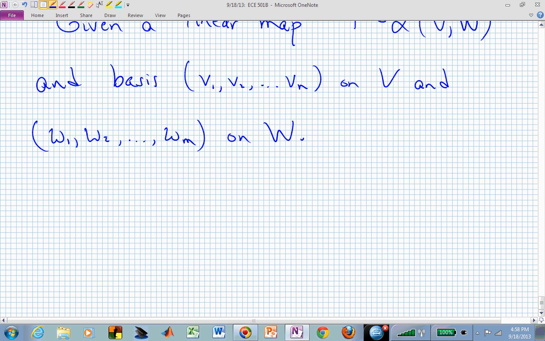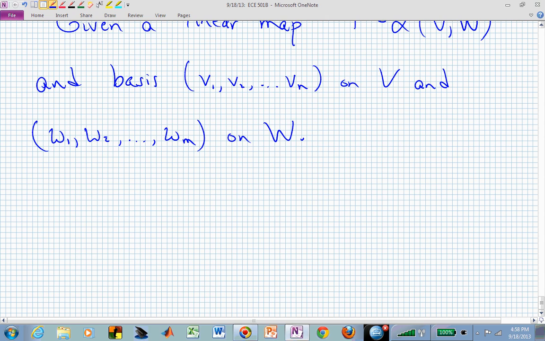V2 would be (0, 1, 0, 0), etc. You'd have four of those, wouldn't you? And if m was 6, then W1 would be 1 with 5 zeros. W6 would be 5 zeros and then a 1. And those would be your standard basis. And that's sort of what you're used to seeing or thinking about.